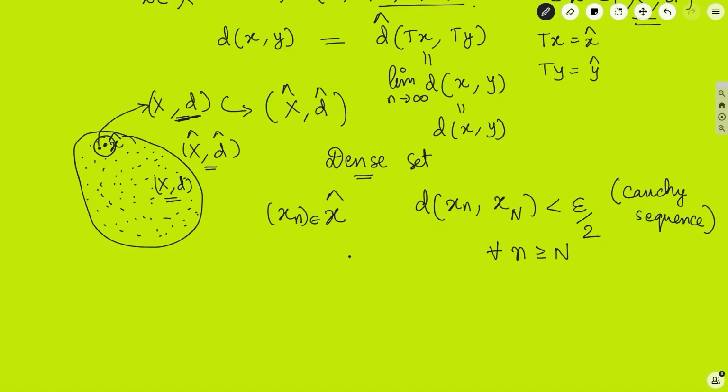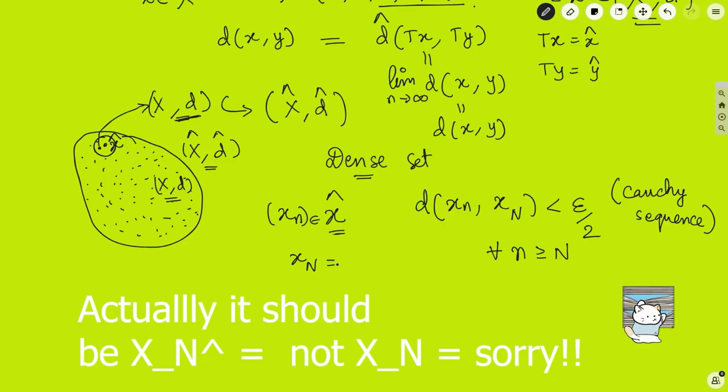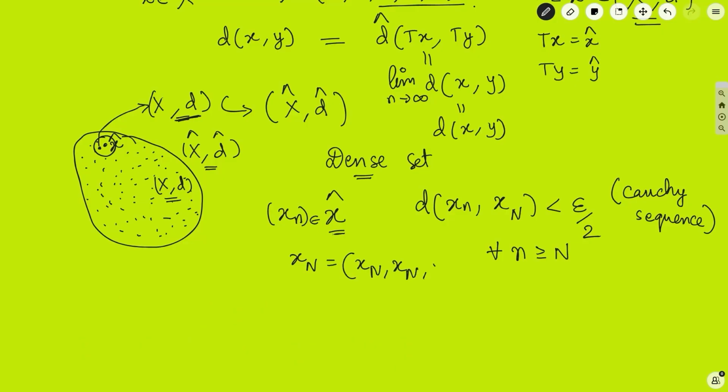Now the question is, if I calculate the distance between x hat and the other point, what's the other point? I need another sequence, so I will construct that sequence as follows. Let's take that sequence to be x_N, so all the terms are the same thing, x_N.